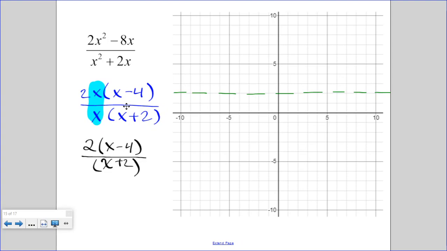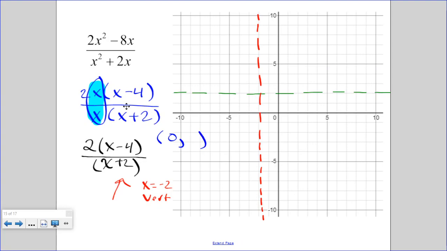So the denominator here tells me that I have a vertical asymptote at x equals -2. And those x's that I reduced away tell me that there's going to be a hole at 0, something.